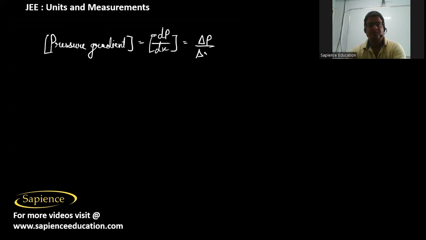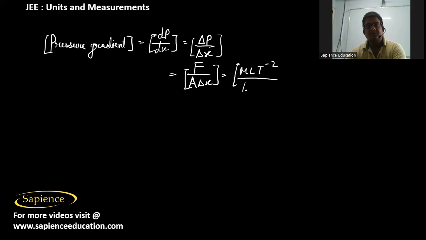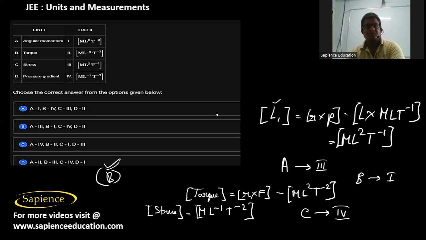I can also say it as delta P by delta x. So pressure is force by area into delta x, which is the length. So this will be force, which is MLT power minus 2, by area, which is L square, and length is L. So it will be ML power minus 2 T power minus 2.